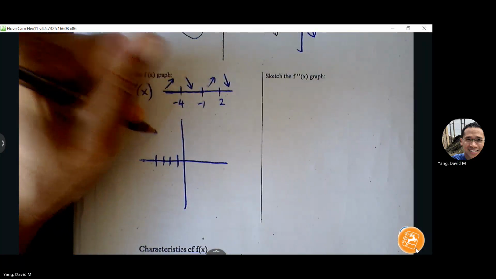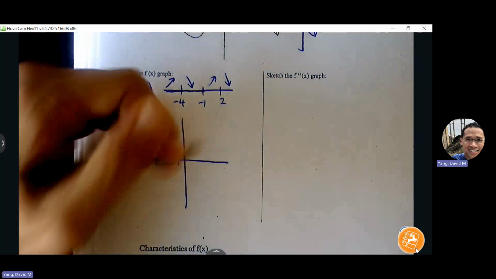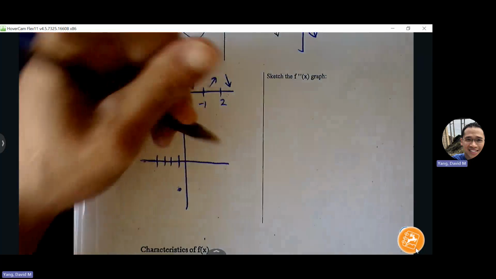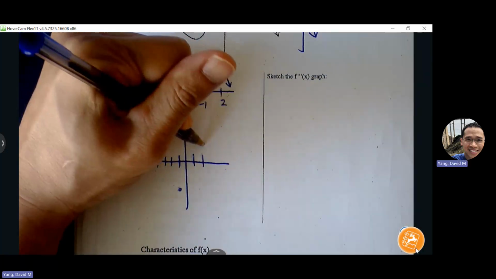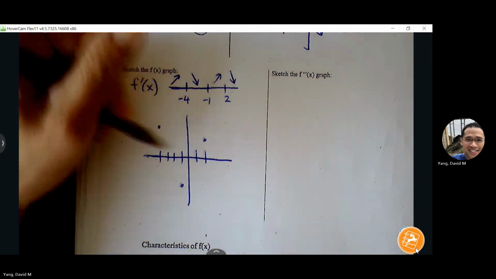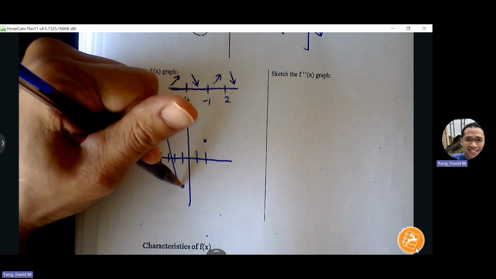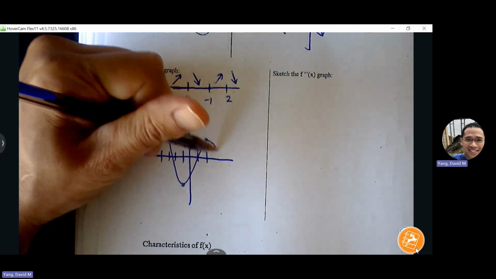So I'm just going to arbitrarily choose a target point for relative max, target point for relative min, and target point for relative max. So relative max, relative min, relative max.